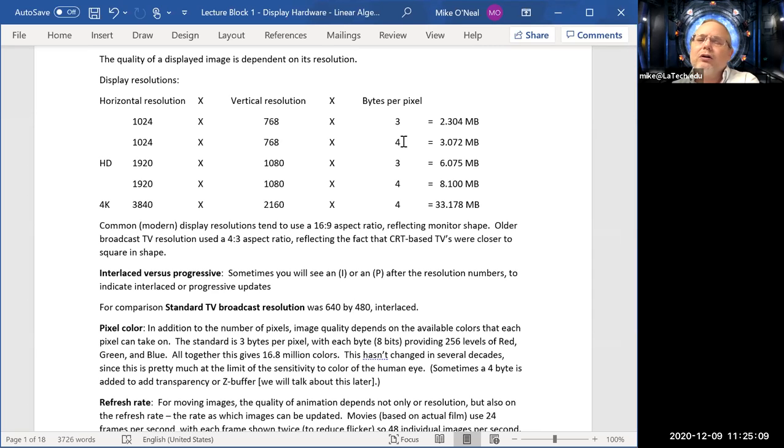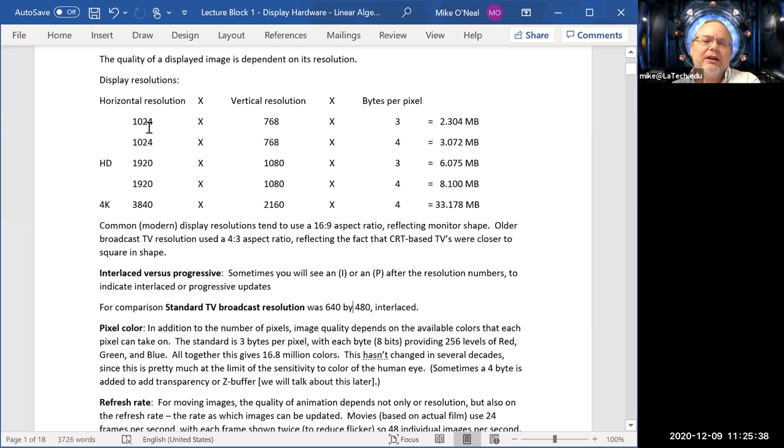Sometimes it's used for additional things that can marginally improve an image. But really, if you've got 256 levels of red, green, and blue, you're pretty much at the limit of what a human can see. And of course, it's going to cost you a third more if you add a 4th byte. You're up to over 3 megabytes at that point.